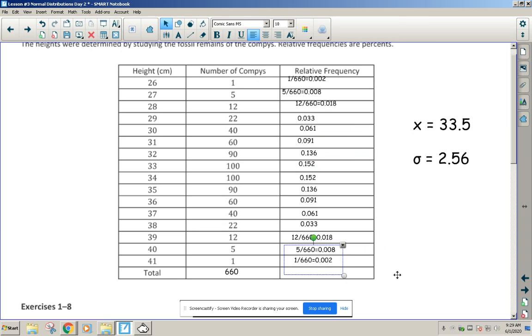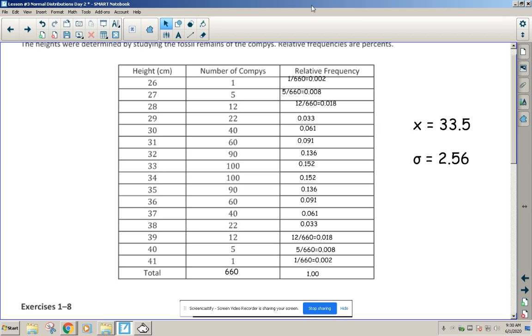And just to check, if you were to add these up, you would be at 1.00. This would add up to 100%. So you know that your percents are going to work.